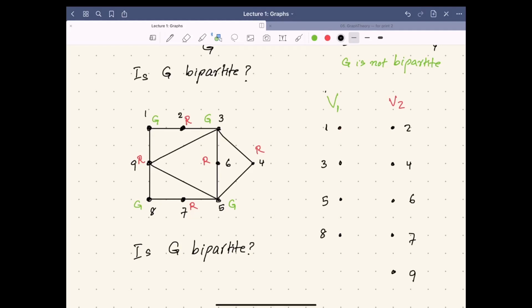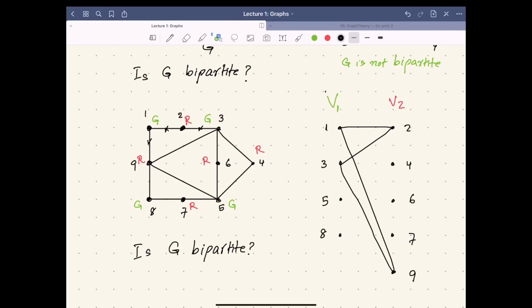So there is an edge between 1 and 2. There is an edge between 1 and 9. So it's going to be a long line. And there is an edge between 3 and 2. So we are covering this and we are covering this. So 2 and 3, we are covering this edge. 3 and 9.